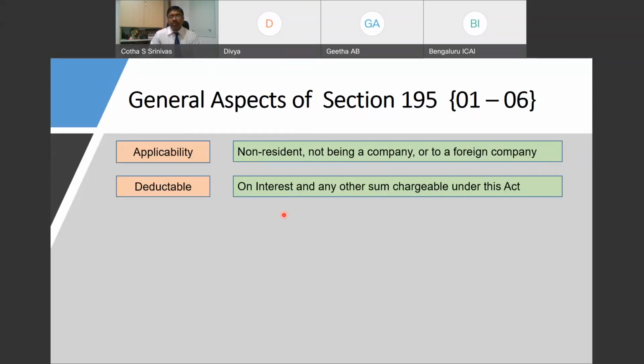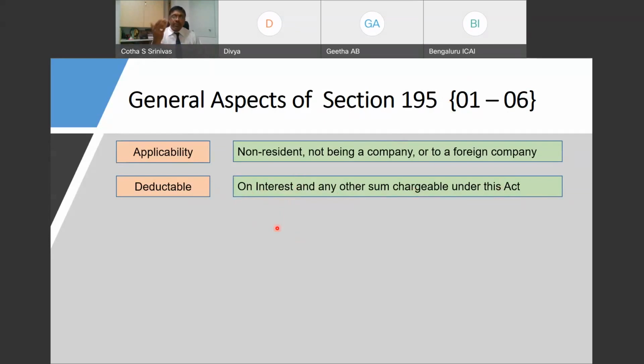Deductible on what, all the sums on which TDS is applicable under section 195? Section 195 says this particular provision of TDS will be applicable on interest payment. So whenever interest is paid to a non-resident, section 195 is applicable, or any other sum chargeable under this Act. What is chargeable under this Act? Of course, we have seen section 4, which is the charging section.